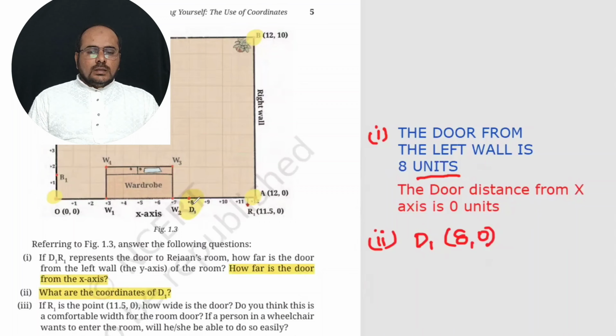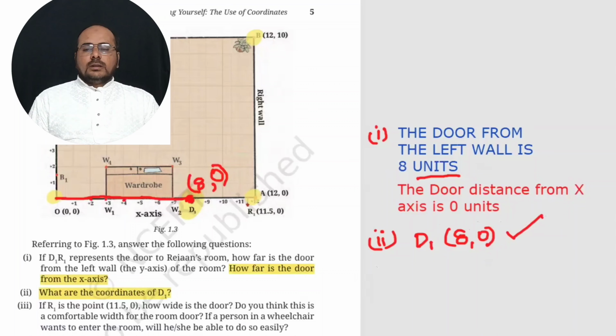Why? Because this point D is at 8 units of distance on the x-axis. For a point which is on the x-axis, the y value can be taken as 0. Any point, suppose if you take here 2, 0, 3, 0, 4, 0, 5, 0, 6, 0. In the same way, this D1 can be considered as 8, 0. Already this explanation I have given in the previous video, my dear. If you did not see, you can watch that. Now 8, 0. So D point is 8, 0. By this, the second answer is also completed.